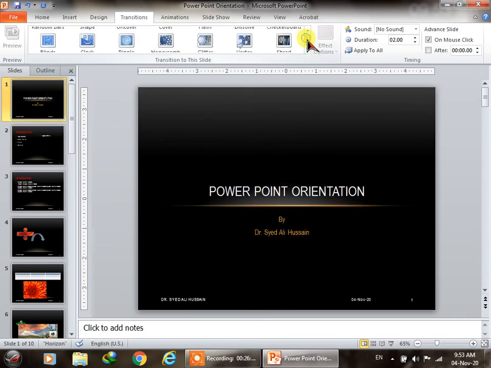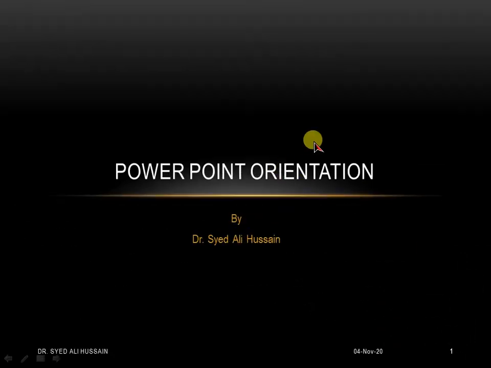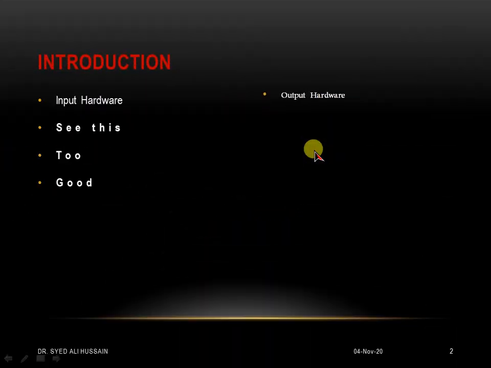now see, I want to add, let's say, okay, you can see this is flip, this is switch. So let's say we call it this flip and we apply it to all slides and we go to the presentation mode. Now how the slides are changed.